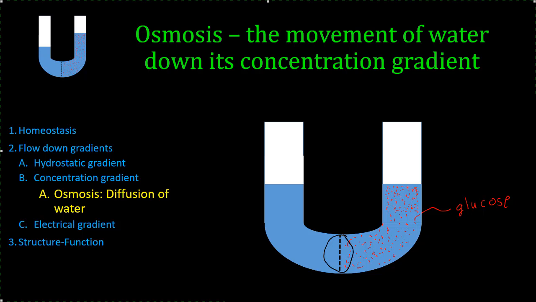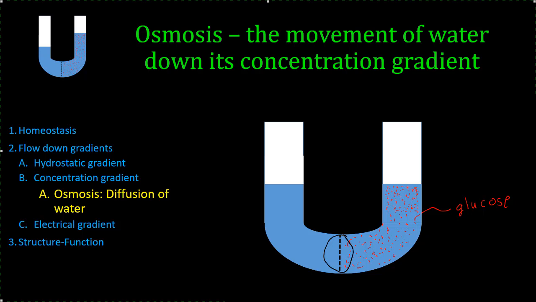And on the right-hand side, we'll put a glucose solution. In this case, water is the solvent. It's the substance with the greatest concentration of molecules. And glucose is a solute, a substance dissolved in the solvent. On the right-hand side of this tube, the water concentration is lower than the left-hand side.